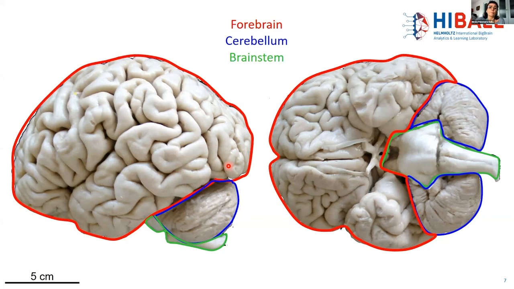And with this information about the relative location of the forebrain and the cerebellum, that is why I can tell you with 100% certainty that this here is the left hemisphere. And when we look at the basal view of the brain, we can see both hemispheres.